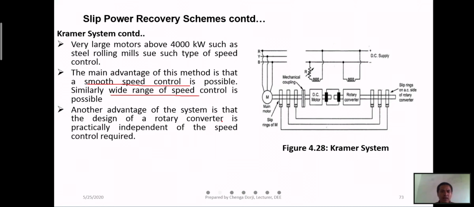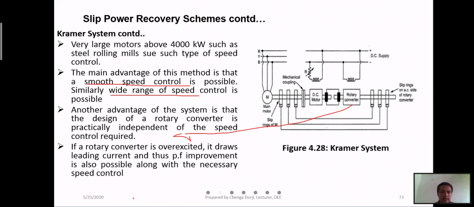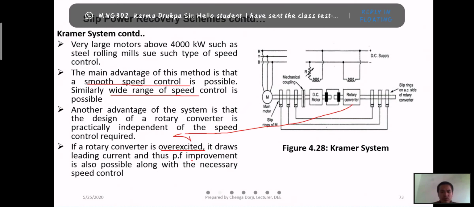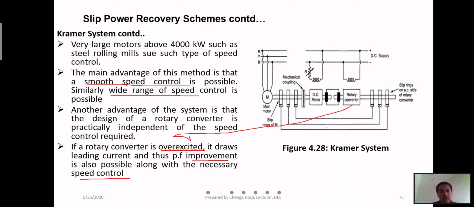Another advantage is that the design of this rotary converter is independent of the speed control requirement. An added advantage is that if the rotary converter is overexcited, it will draw a leading current, and thus power factor improvement is also possible along with the speed control.